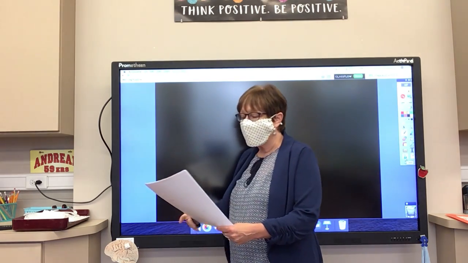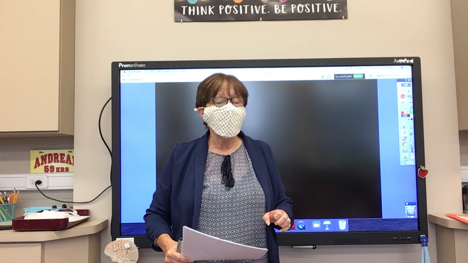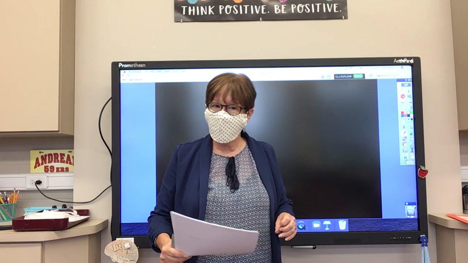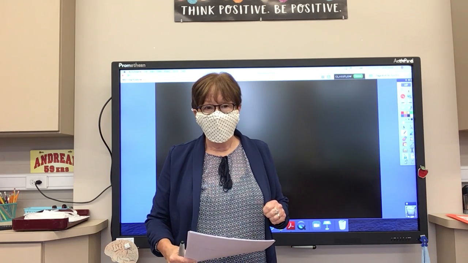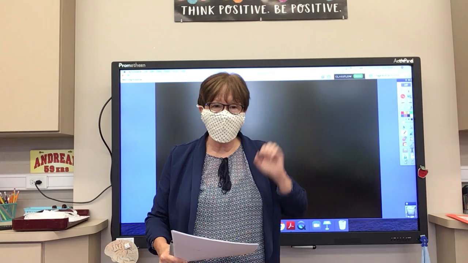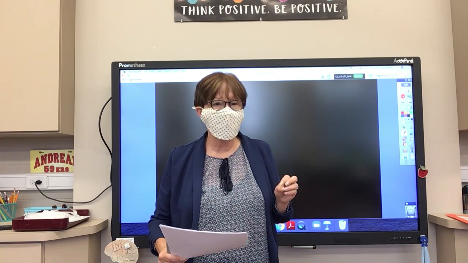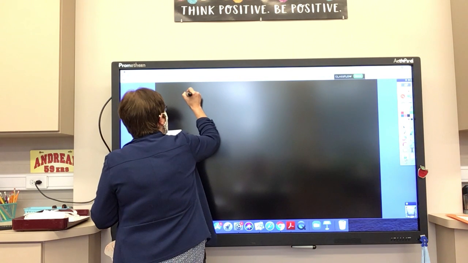So our prefix non plus the root word is non plus fiction. What word would that be when we put them together? Ethan? What is our new word if we have non plus fiction? Nonfiction. So in the second column, let's write nonfiction.